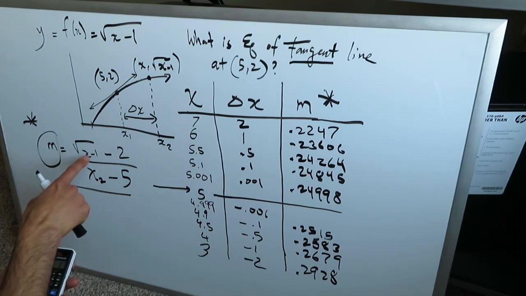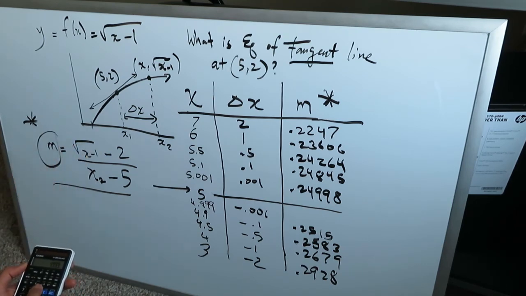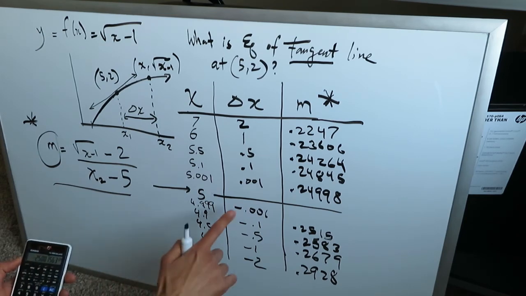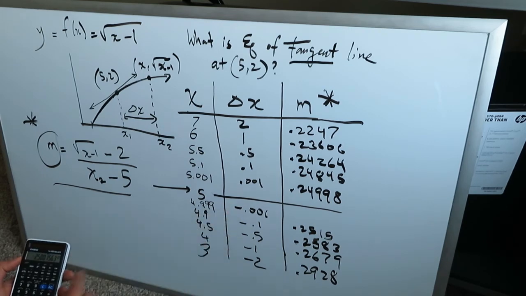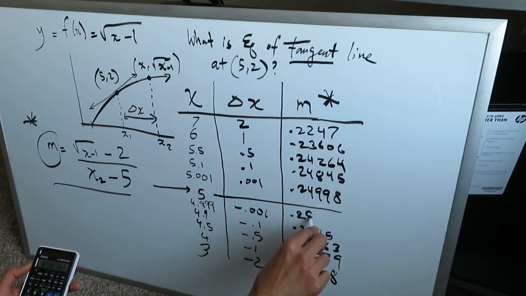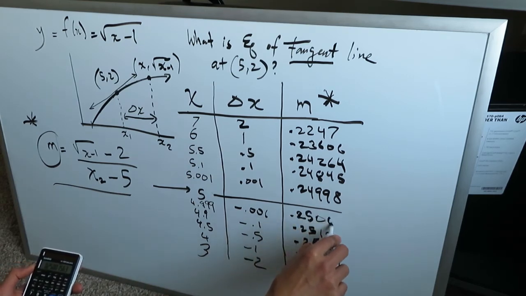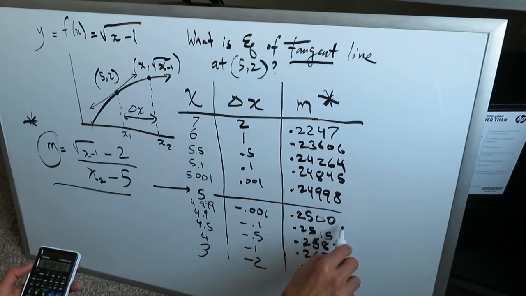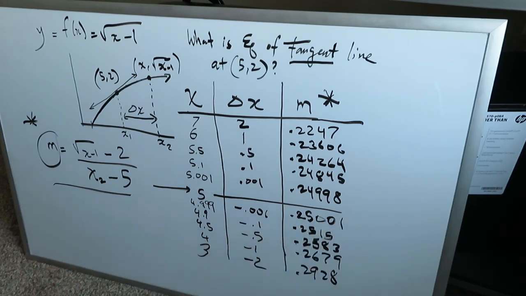We'll put 4.999 in this. 4.999 minus 1, square root that, minus 2. I get a pretty small negative answer when I divide that by this negative change in x, minus 0.001, I get 0.2500, but I actually end up with a 1 as my fifth number. Who cares? It's fine.